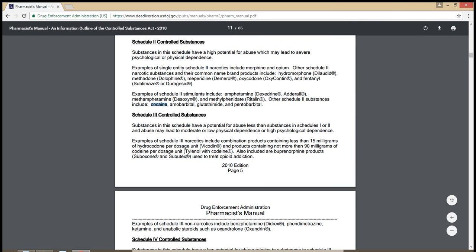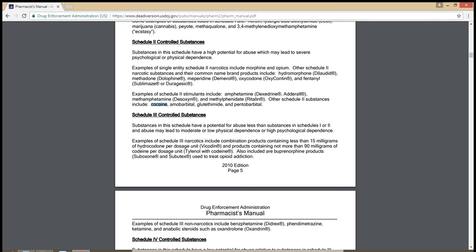Barbiturates actually vary. So barbiturates can be Schedule 2, Schedule 3, or Schedule 4. And why do they vary? Why are barbiturates in these different scheduled substances? Why are they in different categories? It always depends on the onset.